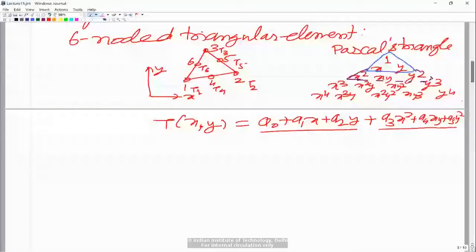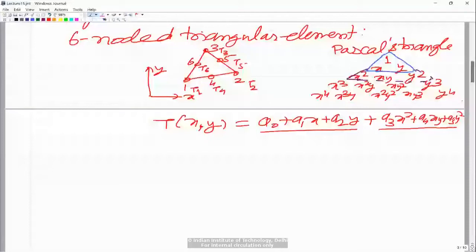So we will be able to express all the six unknown constants in terms of the values of T at each node, T1, T2, T3, and so on. So the six terms are based on the 6 degrees of freedom for the element. First we take the constant term, then next we go for the linear term, next the quadratic term, then we go for cubic, and then for quartic, and so on.